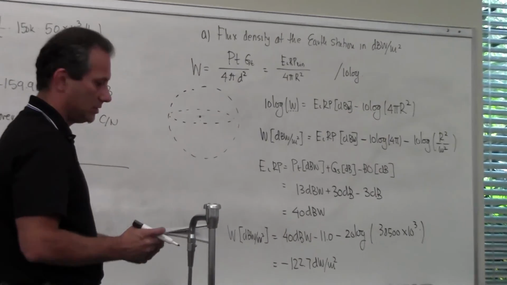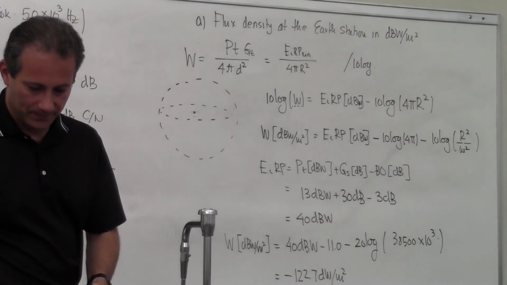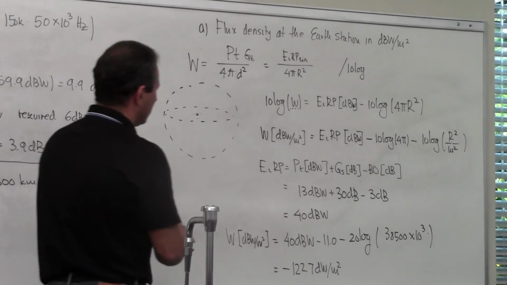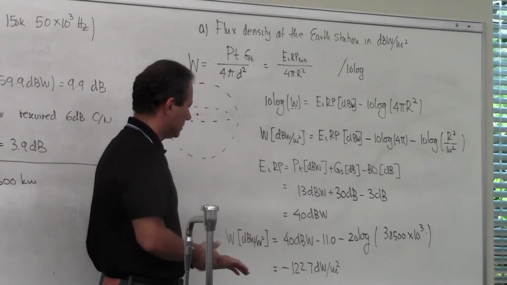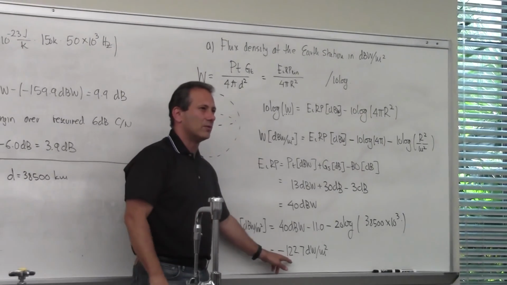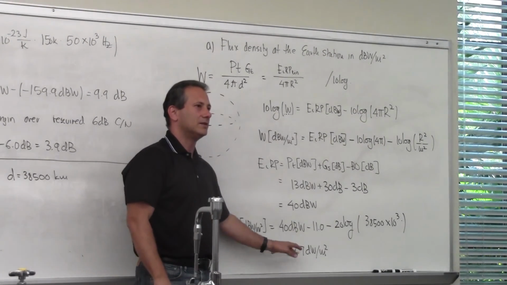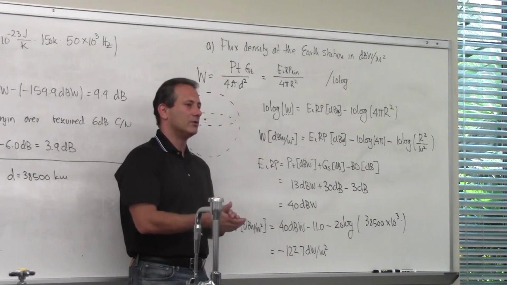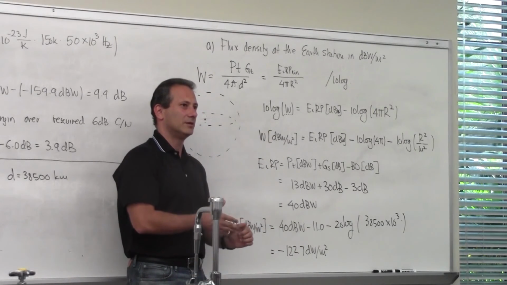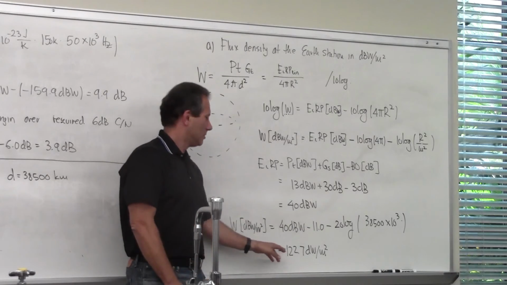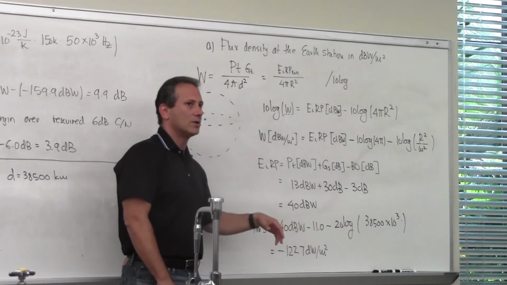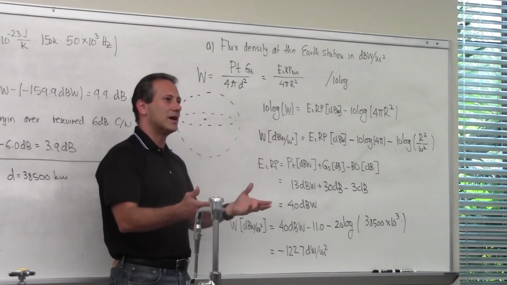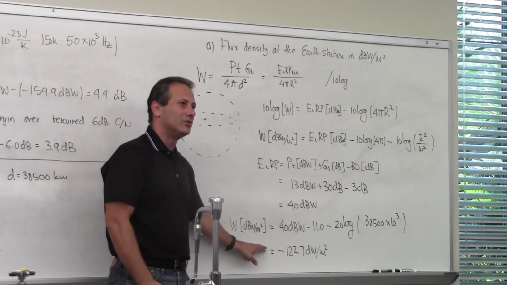Now, just as a point of control, when you do everything in logarithmic units, the flux values in dB watt per meter squared will be on the order of typical powers. Be cognizant, because remember, this is per meter squared. To get the power, you would take 10 log of the size of your antenna and add it to this.